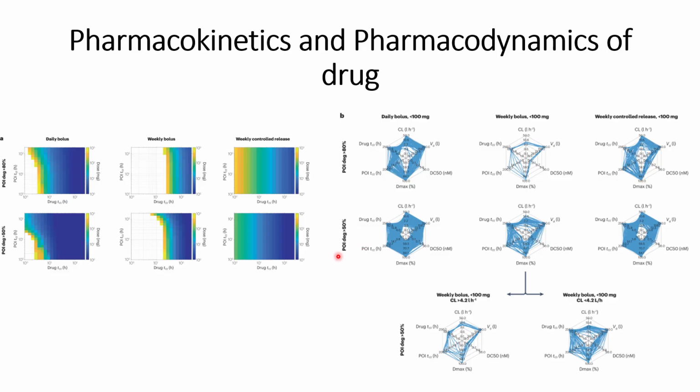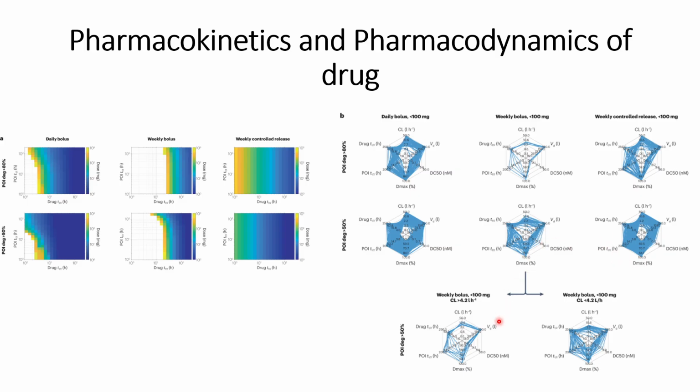Similarly, for the protein of interest at 50% we can see that it is more spread out, indicating that we can use a less efficient drug whenever our target is just greater than 50% degradation. The same things we have seen in the weekly bolus and weekly controlled release.